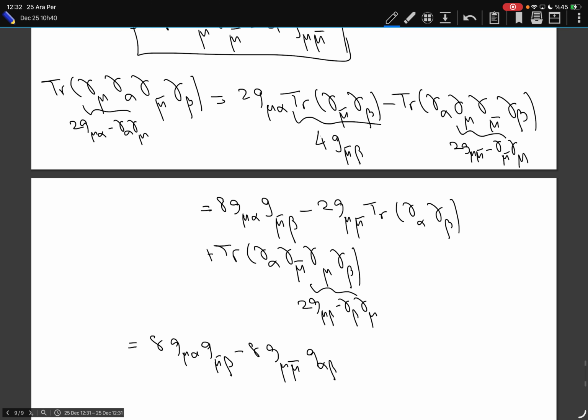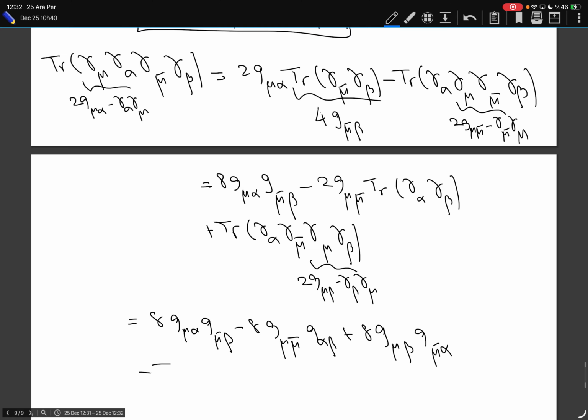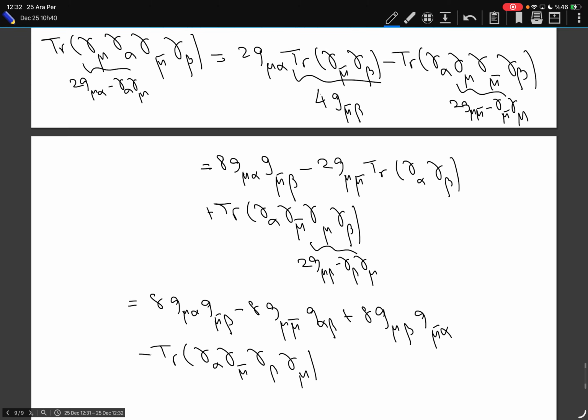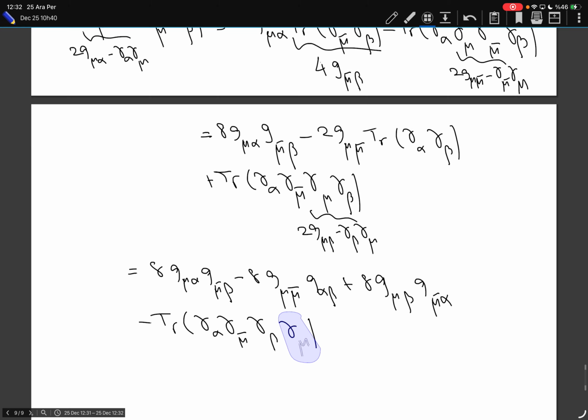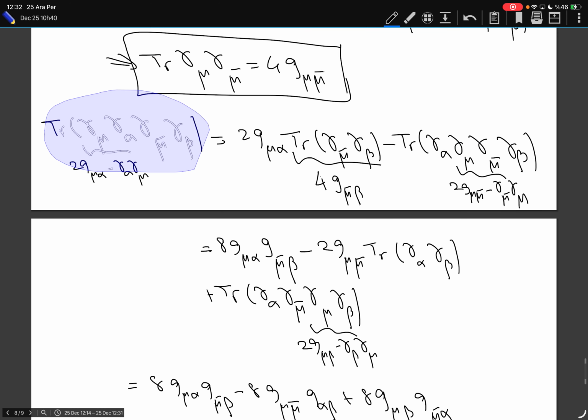Then I have plus 8 g mu beta, g mu bar alpha, times the trace of, again, a product of two gamma matrices. Then minus trace gamma alpha, gamma mu bar, gamma beta, gamma mu. But this gamma mu I can move to the front, but that is nothing but the initial trace I started with.